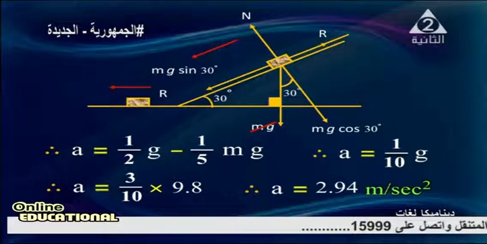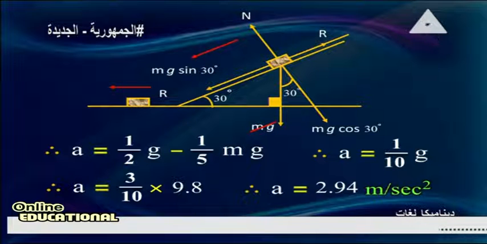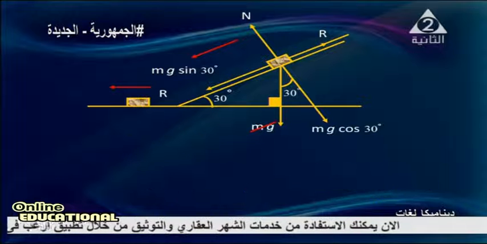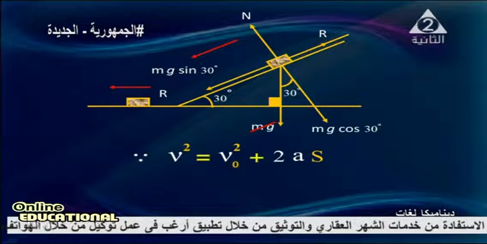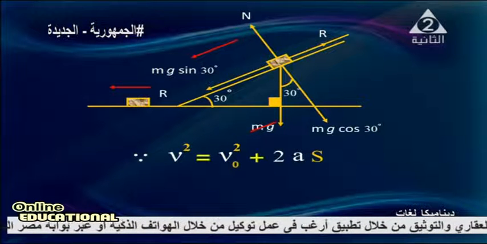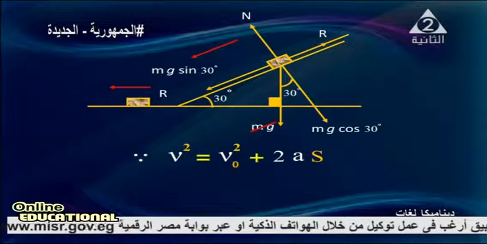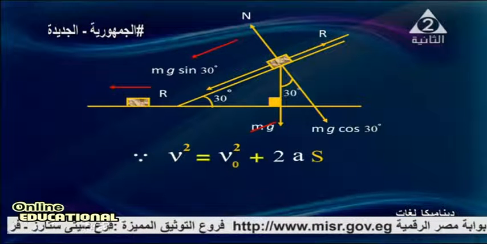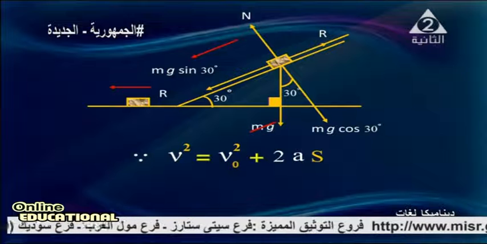What is the velocity of the box at the bottom of the inclined plane? The velocity v squared equals v naught squared plus 2as. S is the length of the inclined plane, which equals 40 meter.